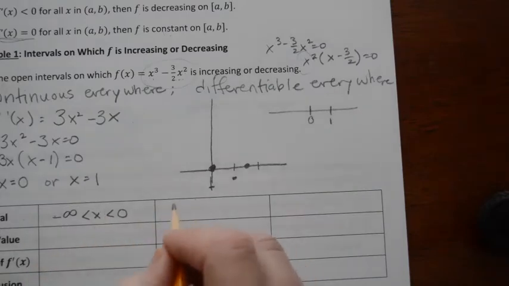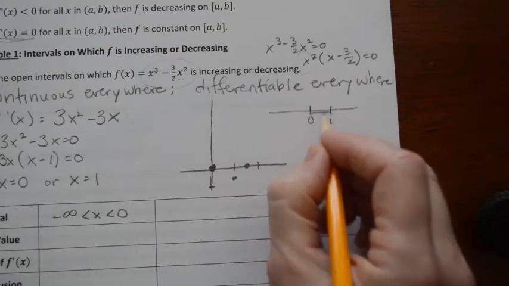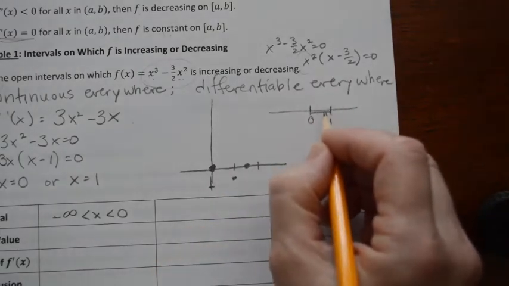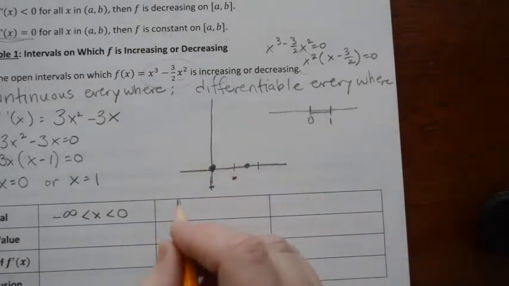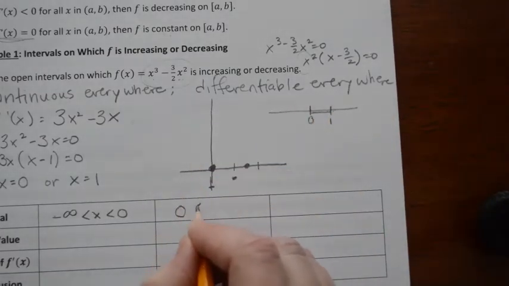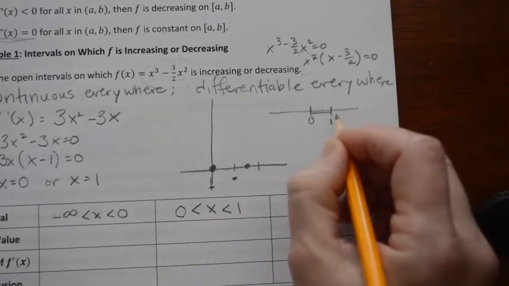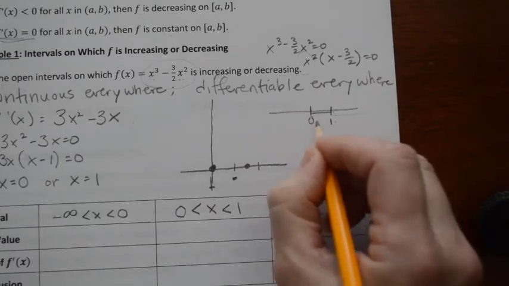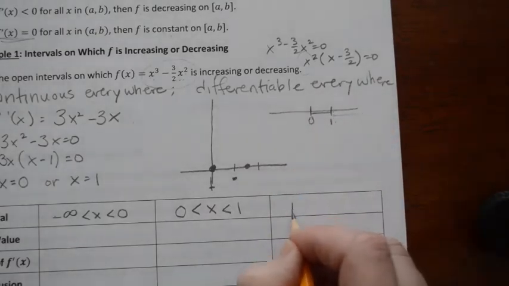So this is our first interval. Our second interval is something that is going to be consistently happening here, either all positive or all negative, because it can only switch by crossing through 0 since this is a continuous function. So we're going to look next at the interval between 0 and 1. And then the third interval that these 2 points split the number line into is 1 to infinity.